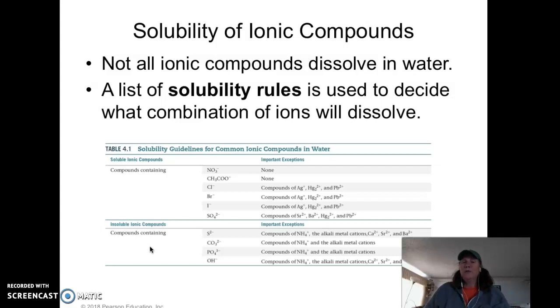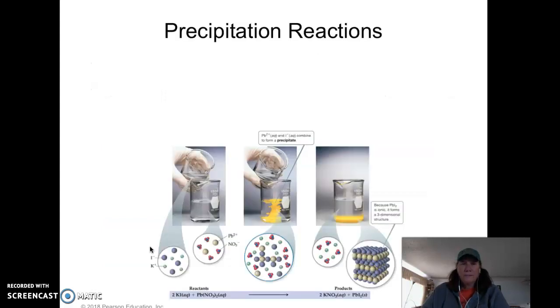If you mix two things together and on the other side both things are soluble, there's no reaction. You have to form a precipitate. One of them has to be insoluble. And I'm going to show you how to read those charts. The chart itself will be on this page, which you need to download, but I'll show you how to use that. Again, it's a way of determining if a chemical reaction actually occurs, and it's excellent for double replacement reactions.